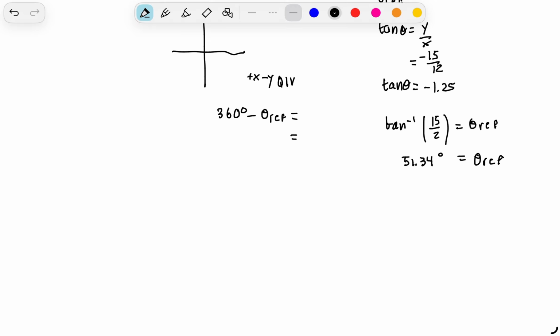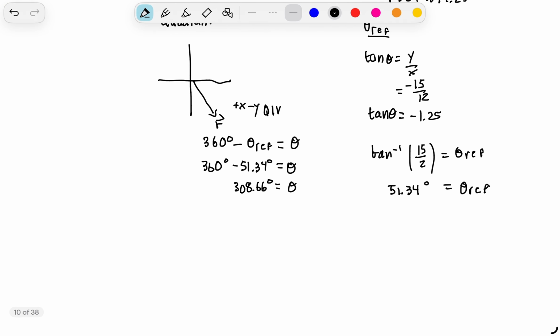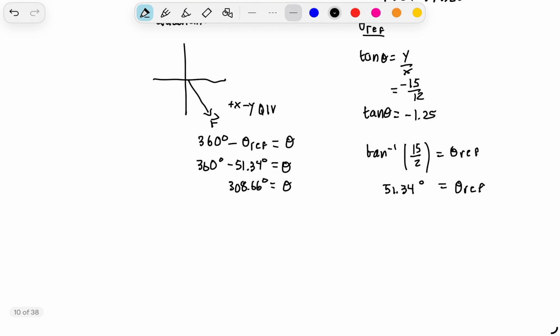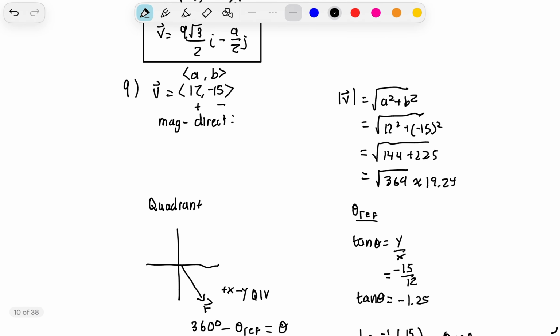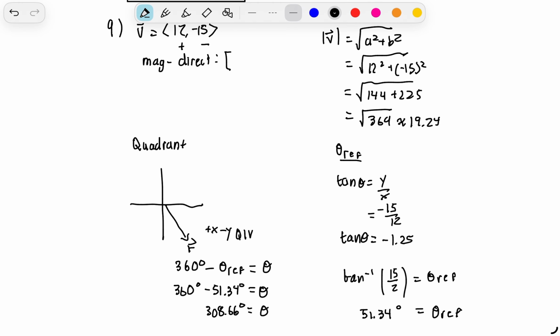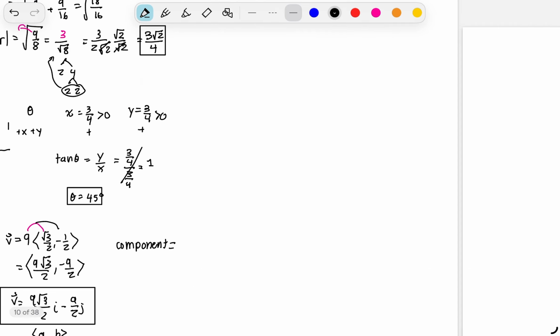So this would be equal to 360 minus 51.34, and that's going to be equal to 308.66 degrees. So that means that for our magnitude direction form, this is going to be a magnitude of 19.24 and a direction of 308.66.